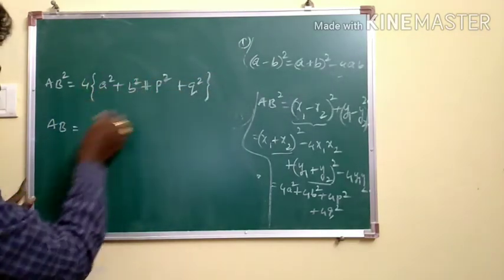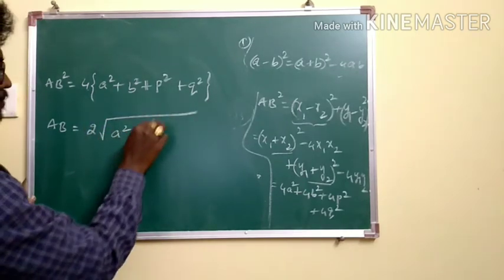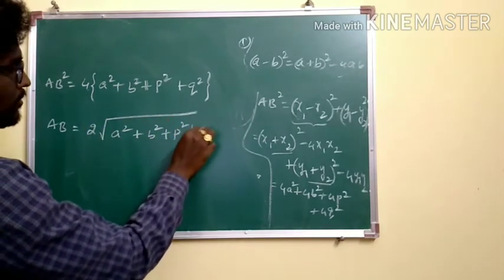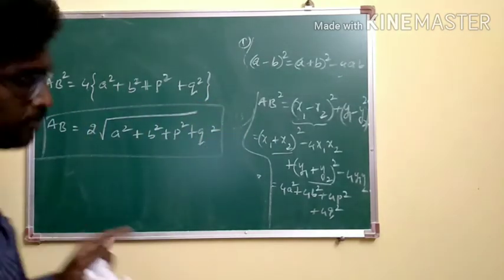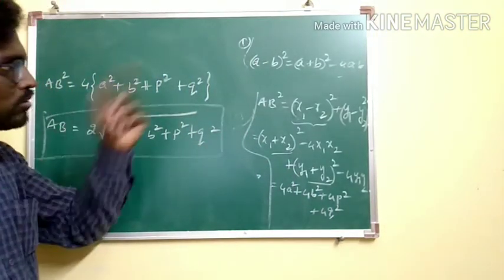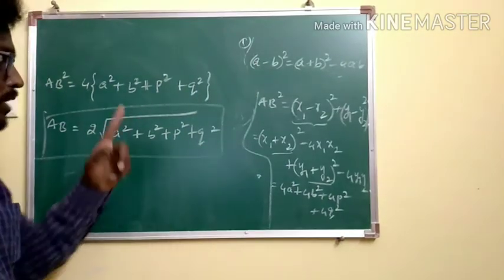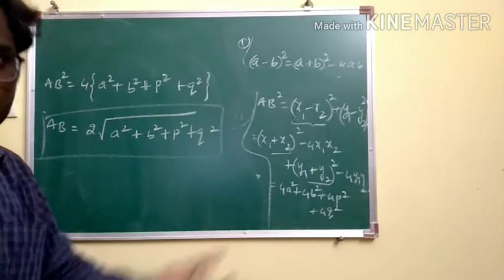What is the square root of 4? 2. So 2 times root of a square plus b square plus p square plus q square. This is the distance between A and B if the roots of such equations are given by both the given quadratic equations. And you notice very clearly the entire expression is in terms of a, b, p and q. That's the question here.